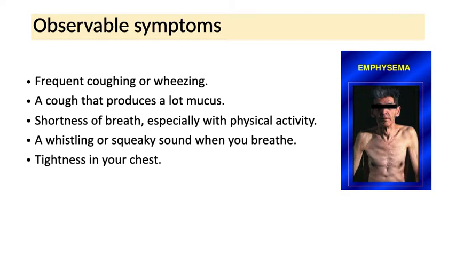They also have shortness of breath because they cannot get enough oxygen from the air since the surface area has been reduced, a squeaky sound when they breathe, and tightness in the chest. Those are some of the observable symptoms of emphysema patients. So that's a bad thing to happen to a heavy smoker.